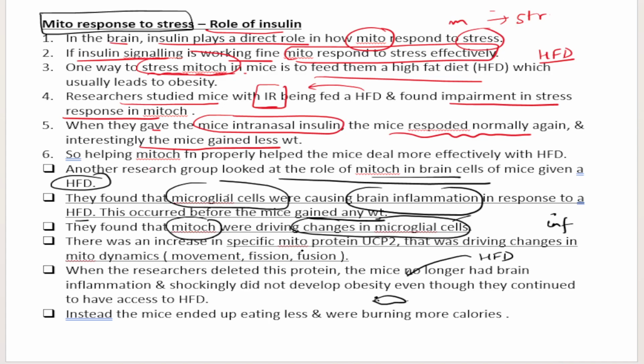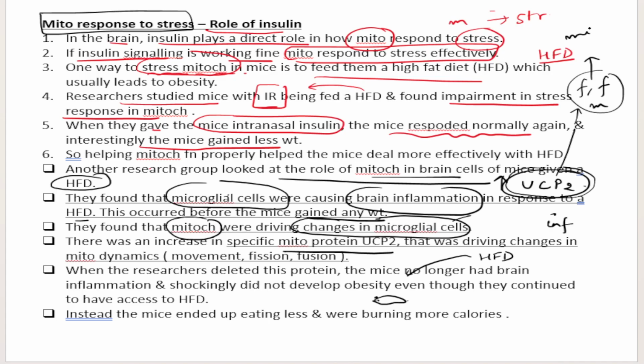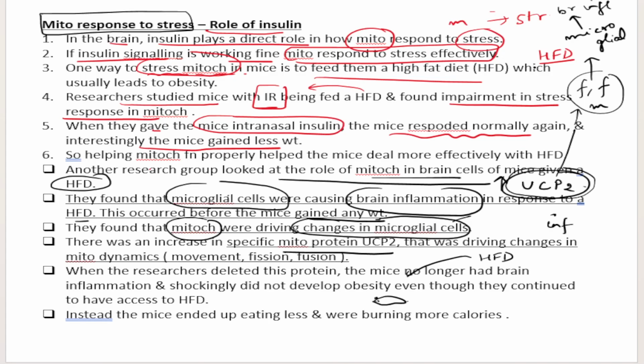Also, there was an increase in a mitochondrial protein called UCP2, and this increase was driving changes in the mitochondrial dynamics, that is fission, fusion, movement, etc. This change in mitochondrial dynamics was causing the microglial cells in the brain of mice to cause brain inflammation, and this brain inflammation was in turn leading to obesity.